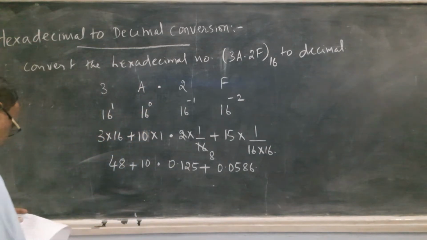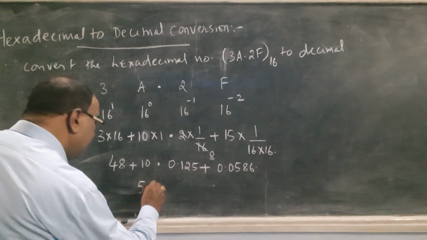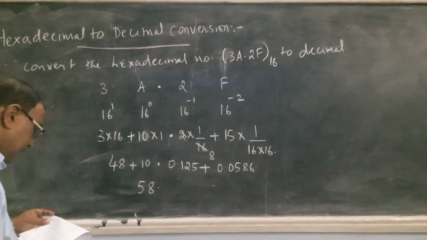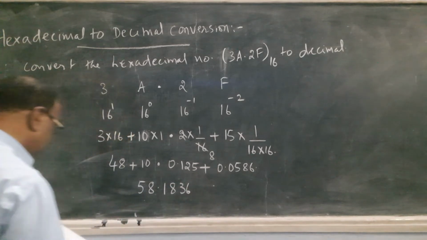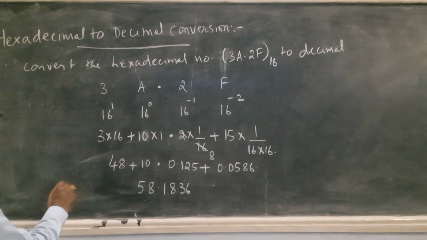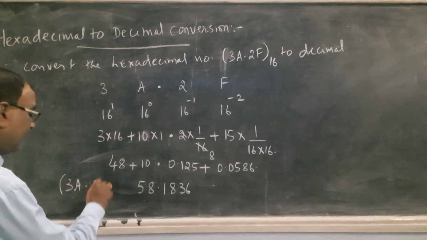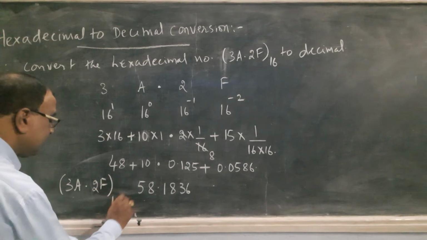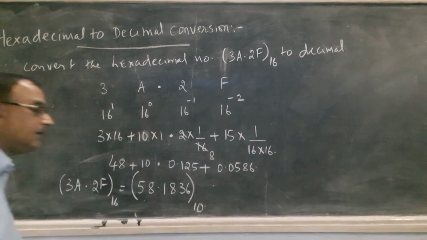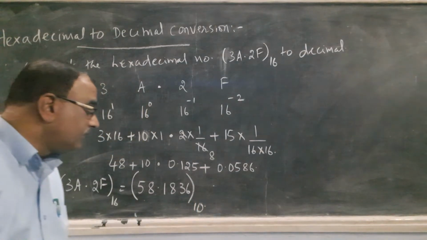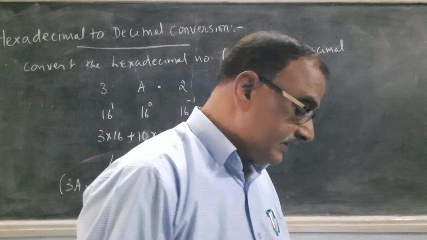Now you add them, that is 58.1836. So the given hexadecimal number 3A.2F in the hexadecimal system is equivalent to this much in the decimal system. So this is how you must convert a given hexadecimal into a decimal system.